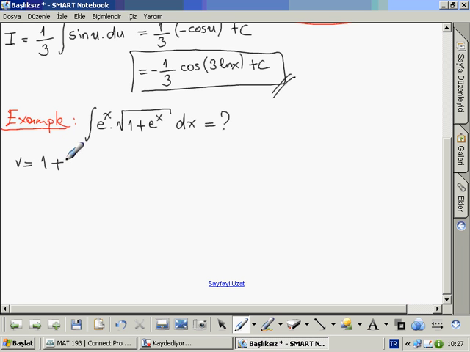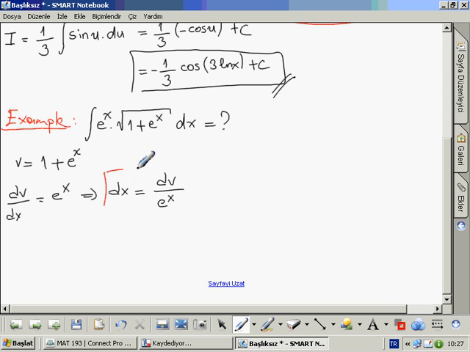We can call it 1 plus e to the x. Let's choose v like that, and dv over dx equals e to the x, so we can say dx equals dv over e to the x.